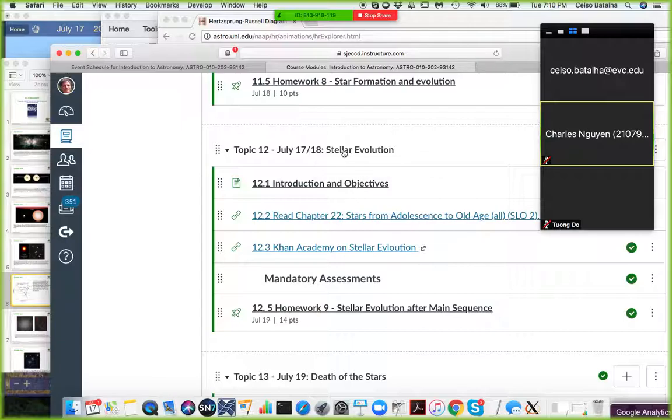1718 stellar evolution. So now in this chapter 22, we are focusing on the process that happens with the star once they reach the main sequence. And mandatory assessments, we have homework. Okay?